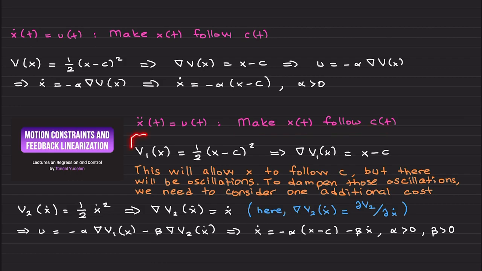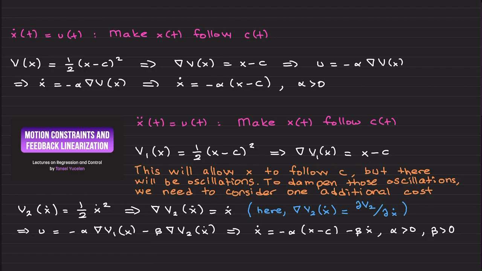I begin with the first cost function, which is essentially the same cost function as before. Again, that cost function looks like this, and this is x minus c. We are trying to find the minimum of that cost function. Taking the gradient of v1 gives x minus c.